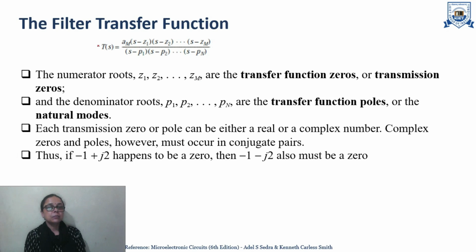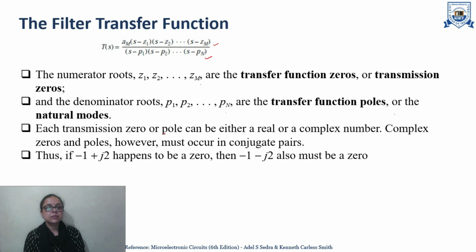Now before studying any particular type of filter, here is the filter transfer function, the general expression. It has certain zeros and certain poles. Z1, Z2, Zm define the zeros of the system, or transmission zeros, and in the denominator P1, P2, Pn are the transfer function poles, also known as the natural modes.